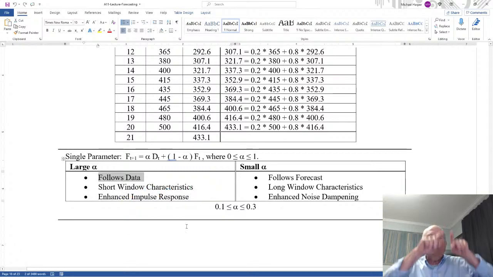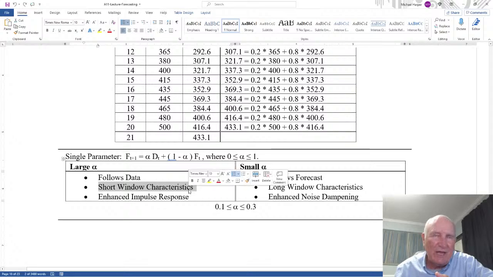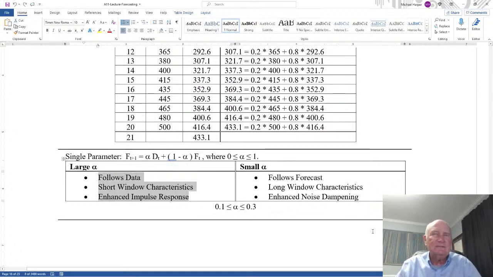Well, following the data is the same as a short window characteristic of a moving average. And a short window characteristic is an enhanced impulse response. So notice what this says. By changing alpha, you can have the same characteristics as a short window characteristic with moving average, and you can also have the characteristic of an enhanced impulse response.